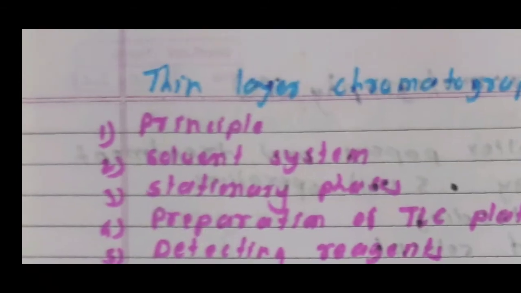Thin layer chromatography is an adsorption or partition chromatography based on the polarity of the mobile phase. Adsorption effects dominate when the mobile phase is a non-polar liquid and the stationary phase is a solid adsorbent. It is termed adsorption chromatography.